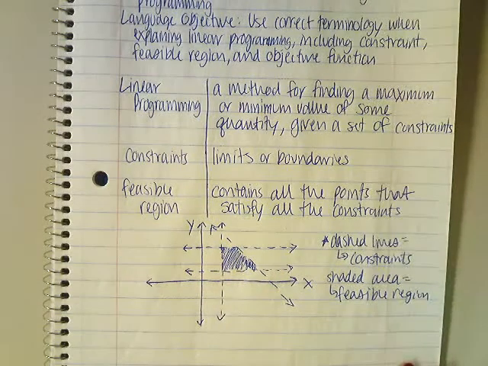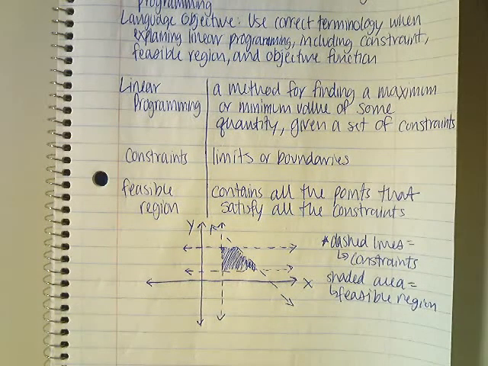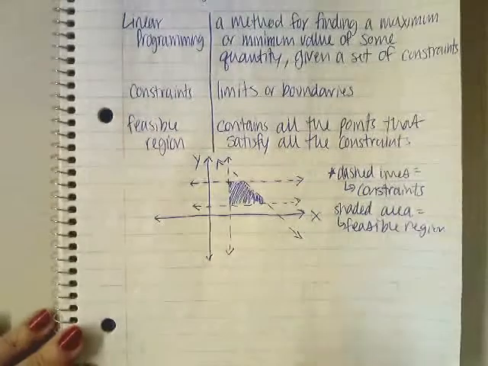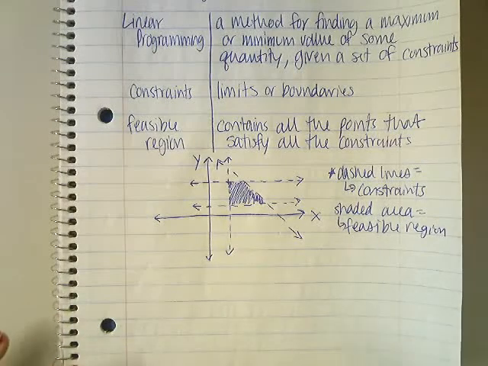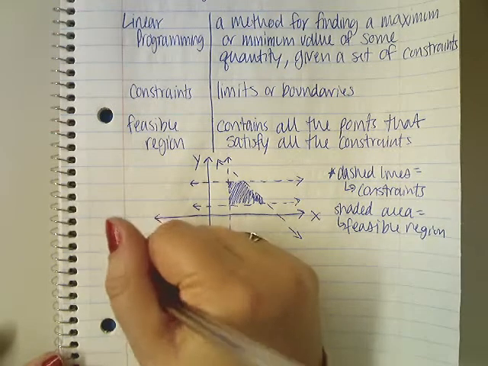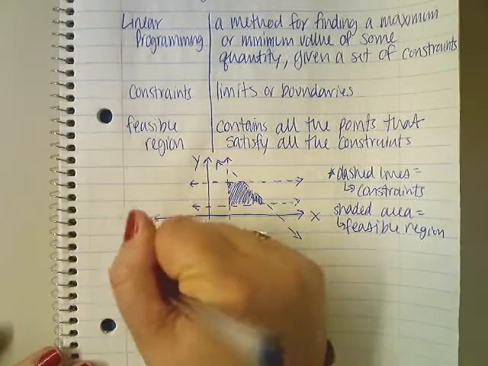Our feasible region is the area that gets enclosed by all of those constraints. So the way we're going to use this feasible region, or linear programming, to find the maximum or minimum is with our objective function.